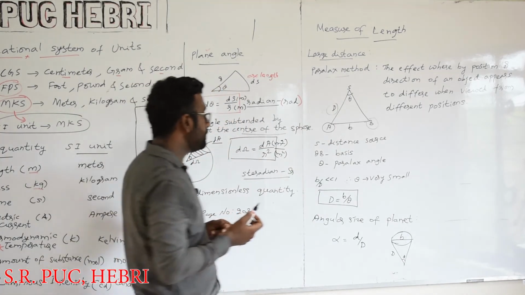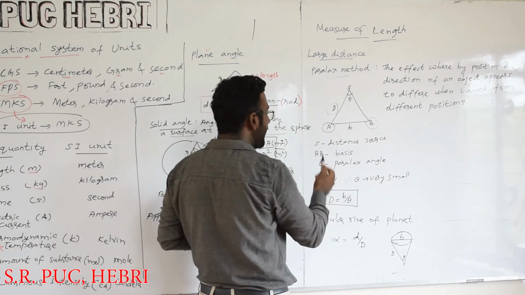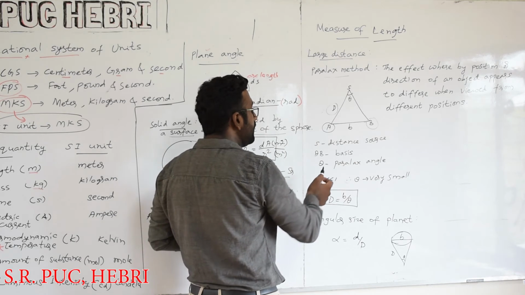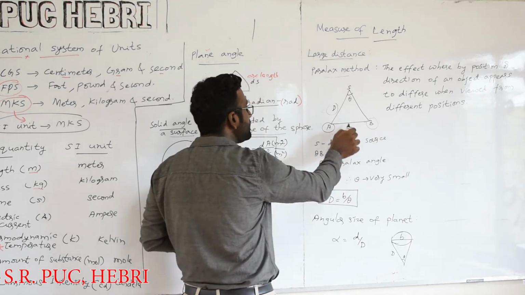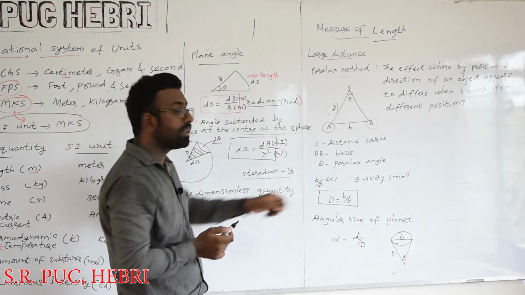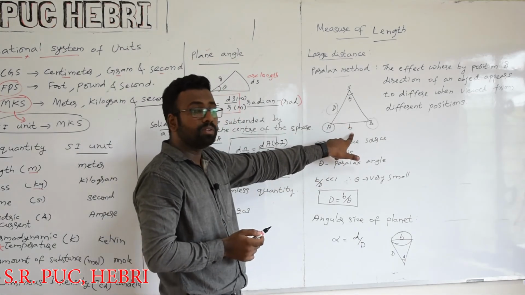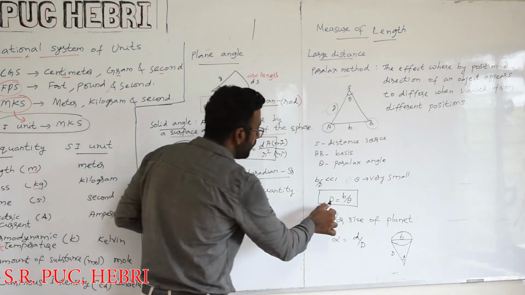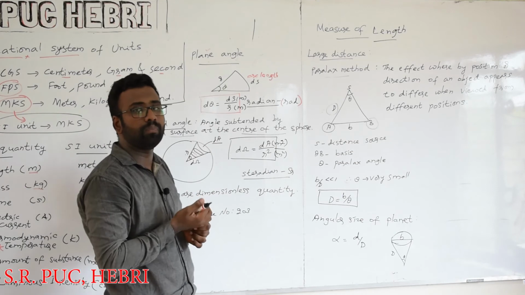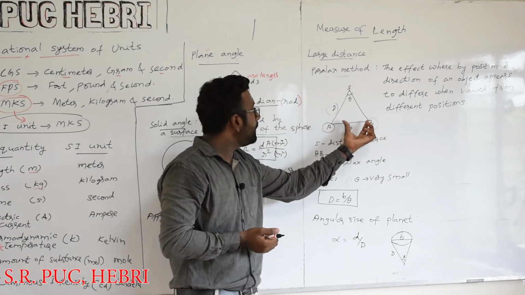You know one thing, okay, this theta is nothing but the parallax angle, and AB is known as the basis. Then you just see this B and D. D is a very large distance compared to B. So when I take the ratio B by D, you will get a value which is very small. Correct, right? Why? See, B is very small.